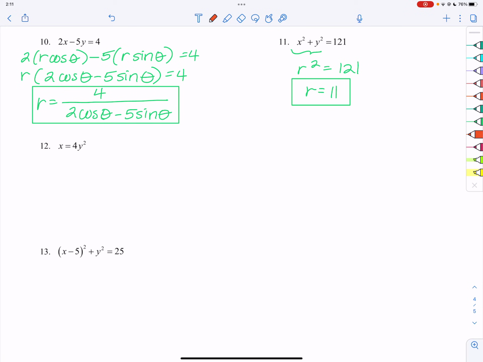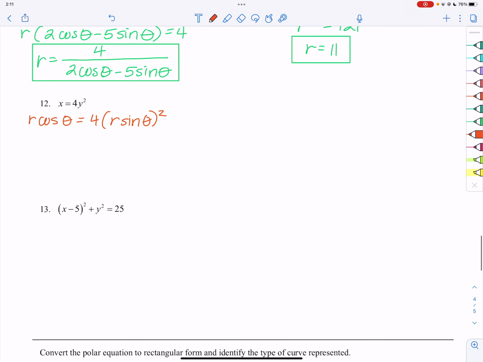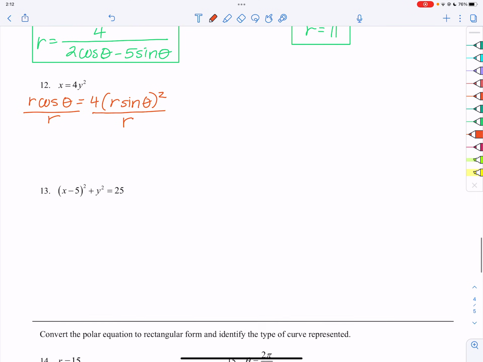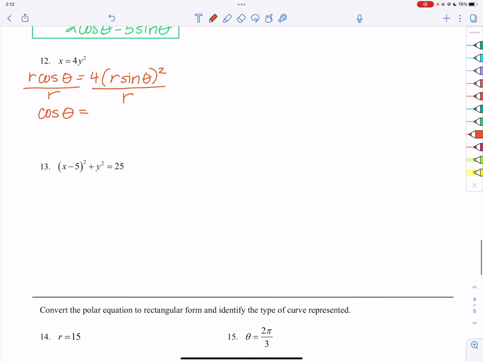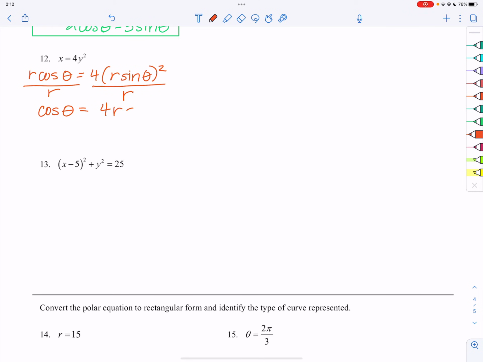So let's go ahead and plug in what we know. We know that r cosine of theta is equal to 4 r sine of theta squared. So now if we divide both sides by r, we are left with cosine of theta is equal to 4r sine of theta.